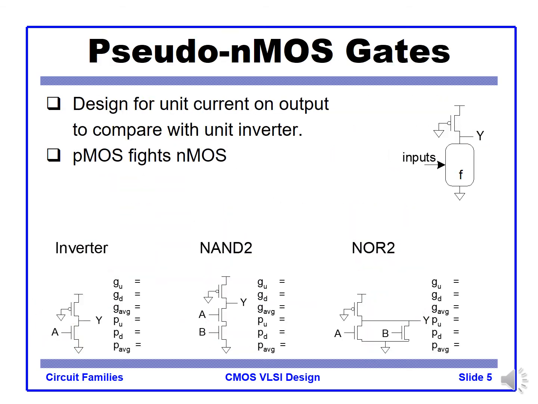The pseudo-NMOS gate has an NMOS pull-down network, and for the pull-up we have only a single device. For example, for an inverter like this, let's size it equivalent to the unit inverter of the CMOS implementation, 1 to 2.